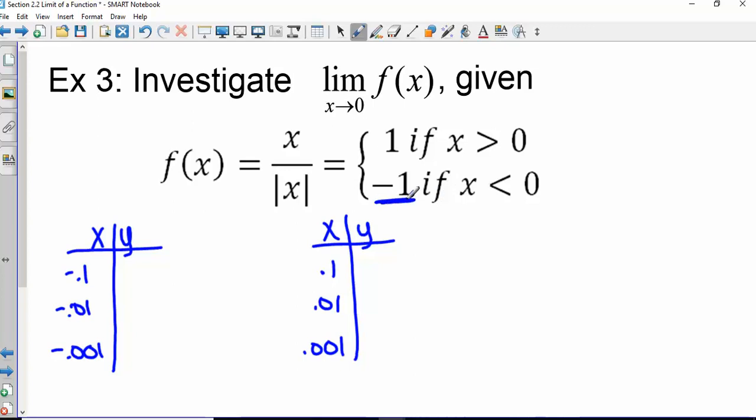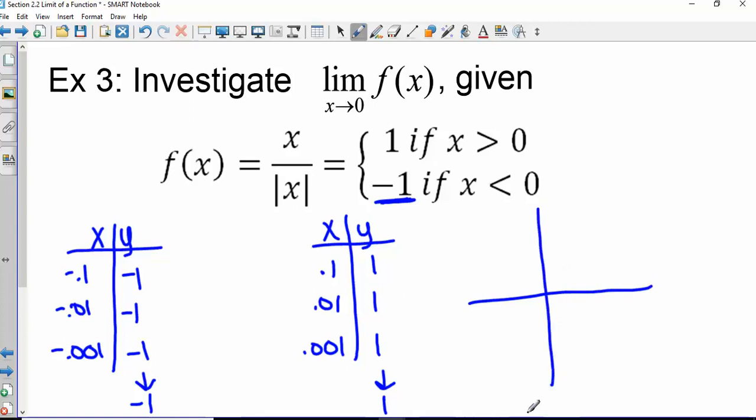The bottom. Okay. So what am I going to get out every time? Negative 1. So if I put in any of these values, we get negative 1. So this side is approaching negative 1. This side, if we put in a positive, what do we get? 1. So this side is approaching positive 1.